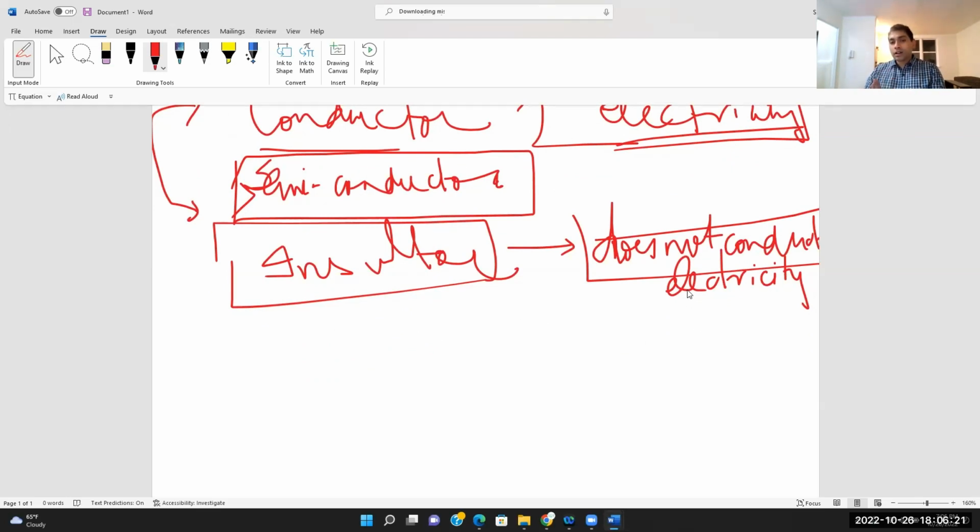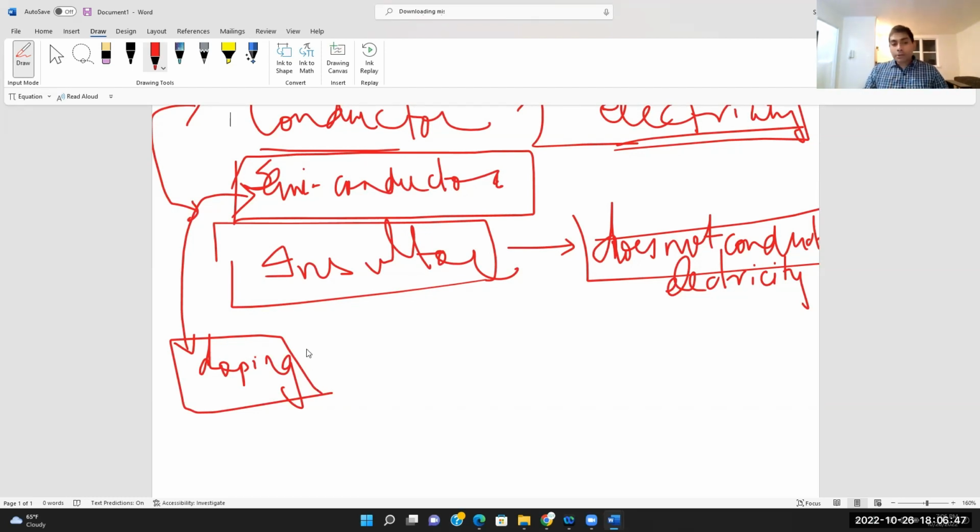An insulator does not conduct electricity, but you can change the property of a semiconductor and increase its conductivity by doping. Doping is a way that helps you to increase the conductivity of a semiconductor.